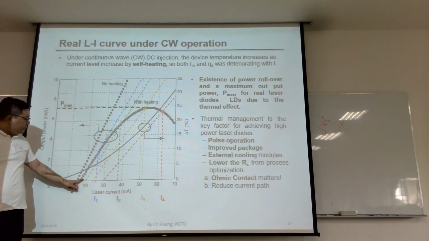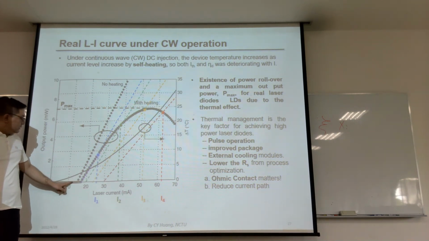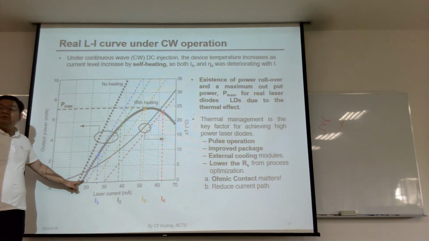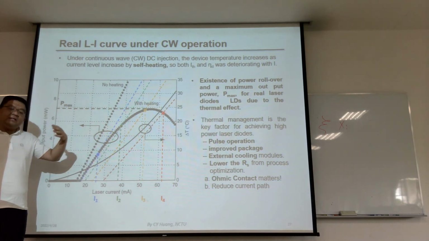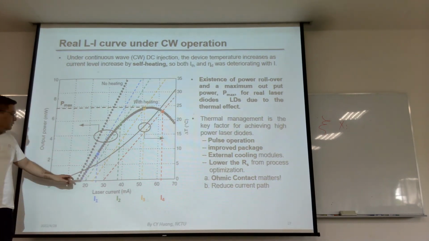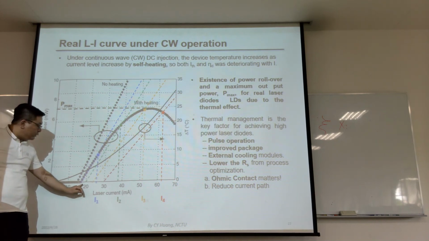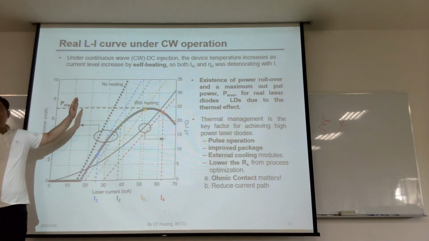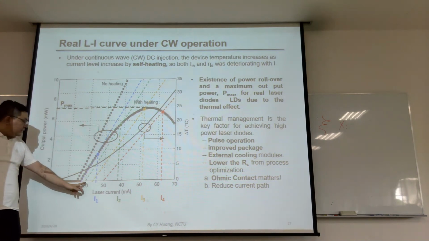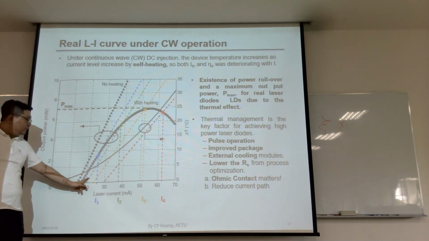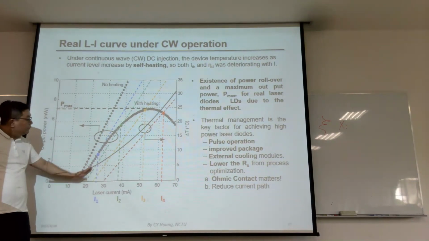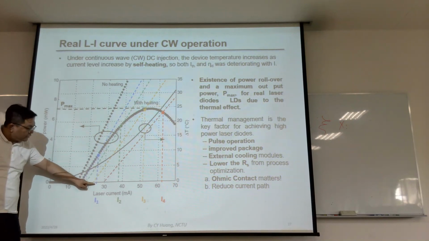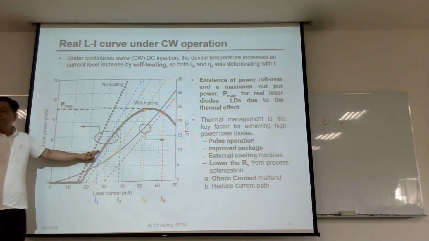At a higher temperature or under CW, first the ITH will shift to a new ITH. Well, you are increasing your current because there's some heat dissipation. So the ITH might increase a little bit further, and the zeta D will decrease a little bit further. But it's under a specific I. Then the intersection of this ideal line, the new convergent line with such current, is the point you get.